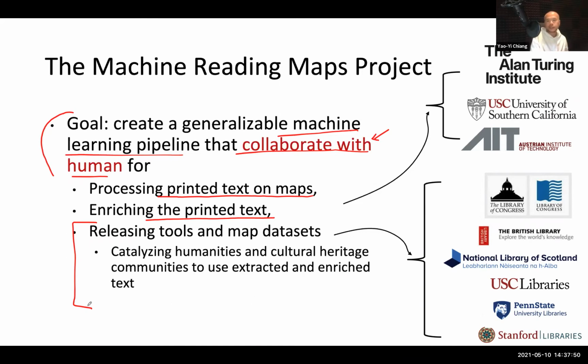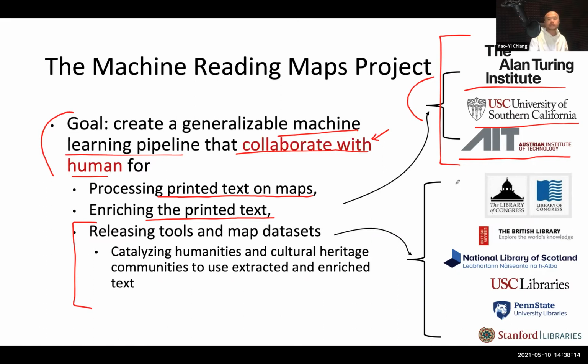In this project, we have the Alan Turing Institute from the UK, we have the University of Southern California in the US, and we do have the Austrian Institute of Technology. So these are the funded organizations. In addition to the funded organizations, we have our collaborators who are our advisory board.